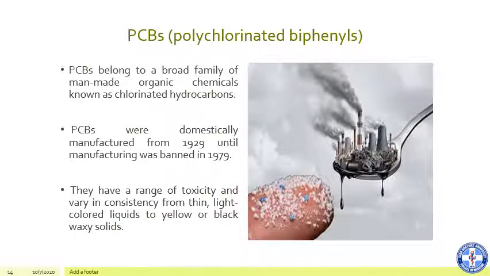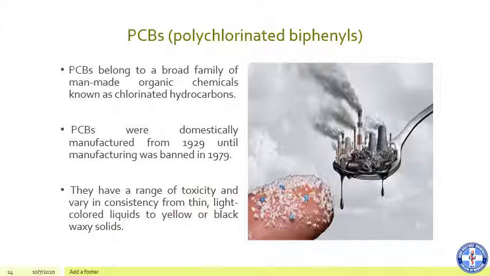PCBs belong to a broad family of man-made organic chemicals known as chlorinated hydrocarbons. PCBs were domestically manufactured from 1929 until manufacturing was banned in 1979. But later on, you will notice that it is still present in our environment and even a part of our daily life.